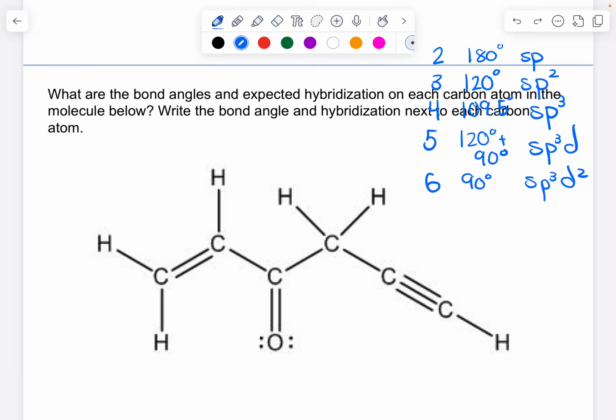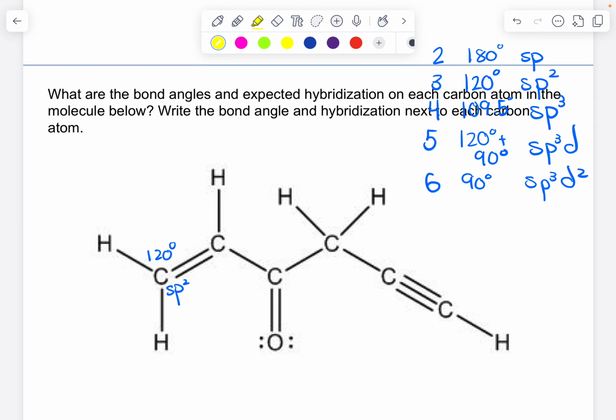Okay, so the first carbon, going left to right, 1, 2, 3 groups. So the bond angle is 120 and the hybridization is sp2. Second one, so I'll erase the highlighting so that doesn't get confusing.